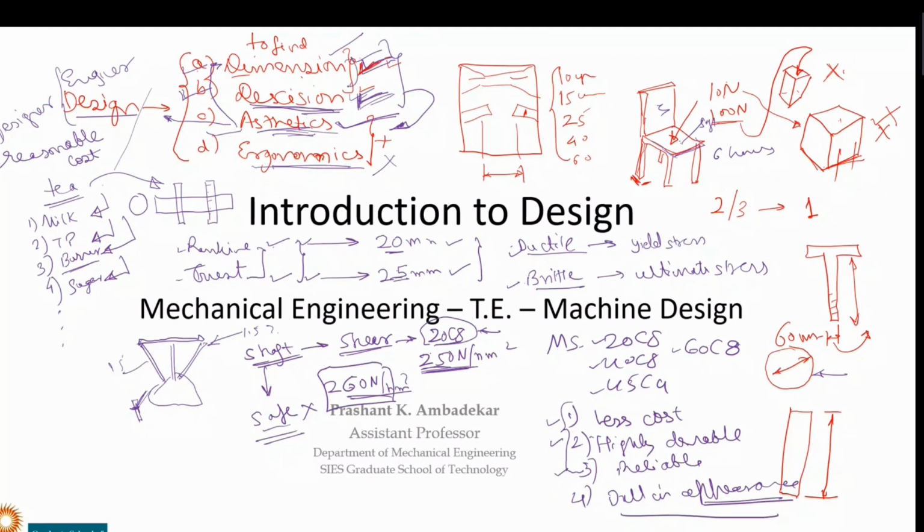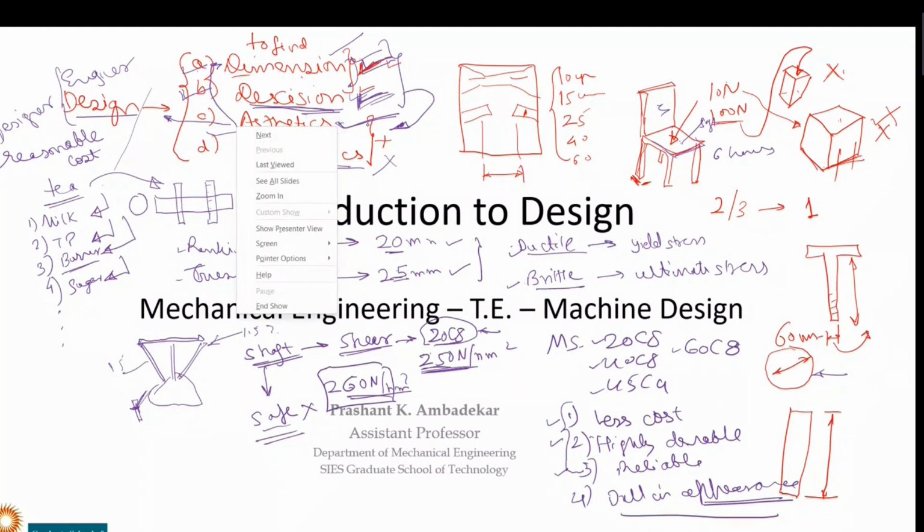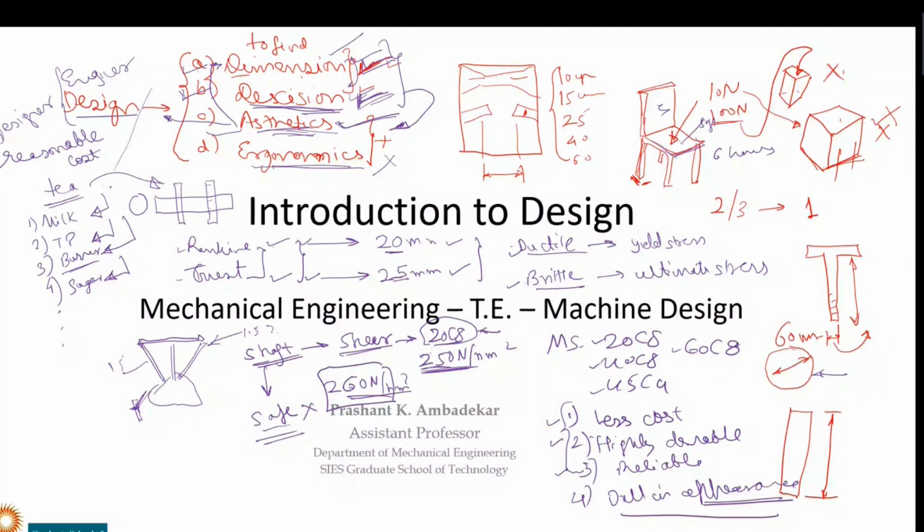I have taken a good decision. I have added so much color, and I have made it aesthetically pleasing, and I have taken care of ergonomics also. Why will someone purchase your product if it is costly? So you cannot ignore this, because cost is always important. This is what design is.